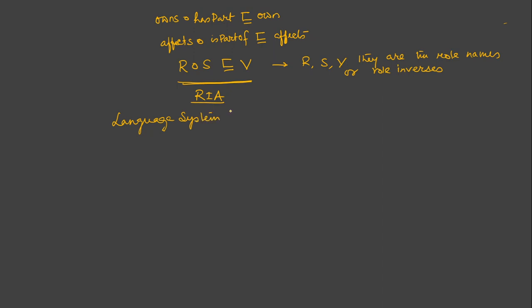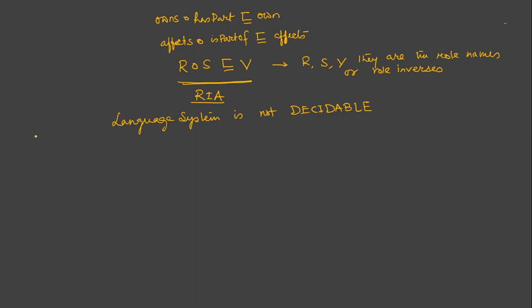That is not really good news. So that means we cannot have a very unrestricted form of this role inclusion axiom. We need to impose restrictions to ensure decidability.